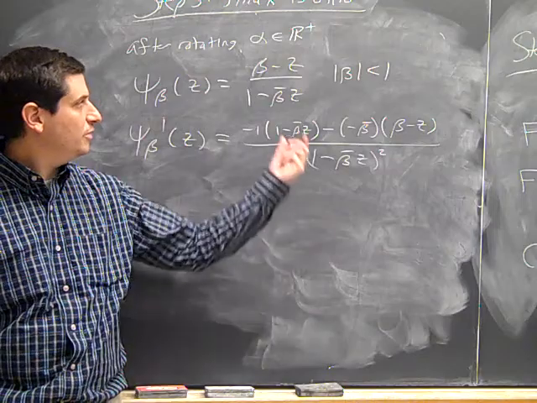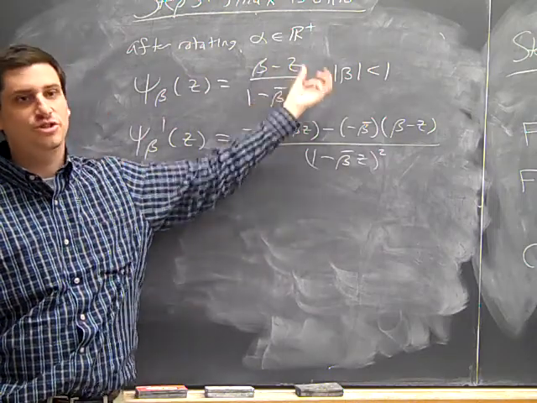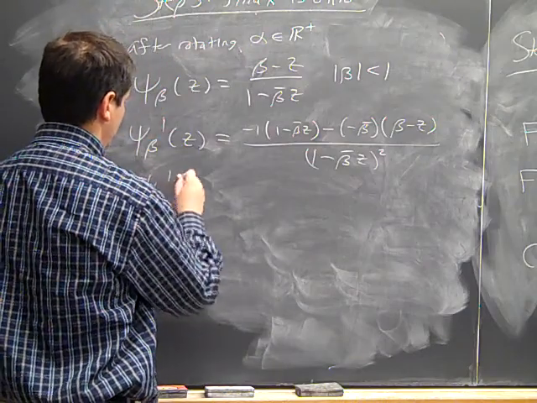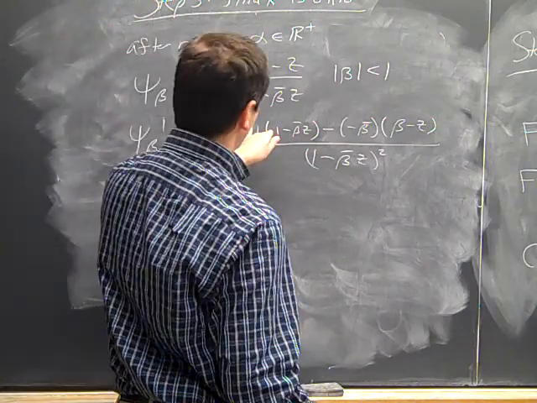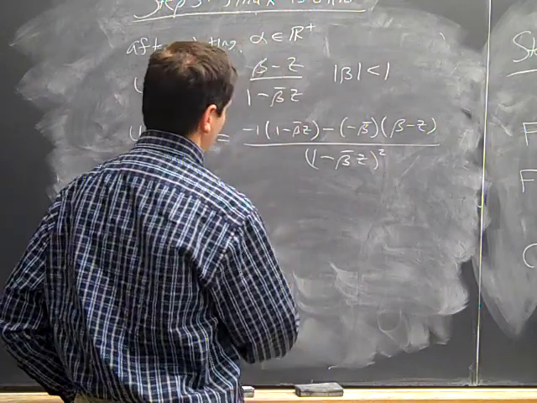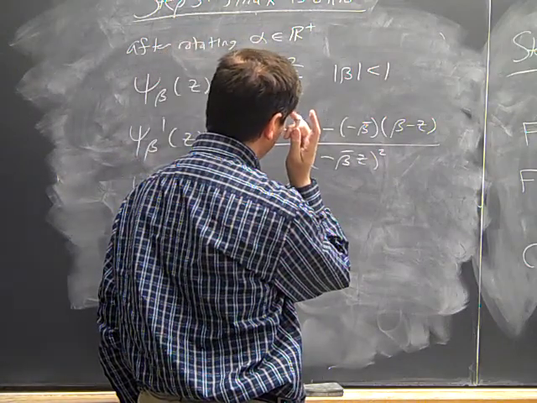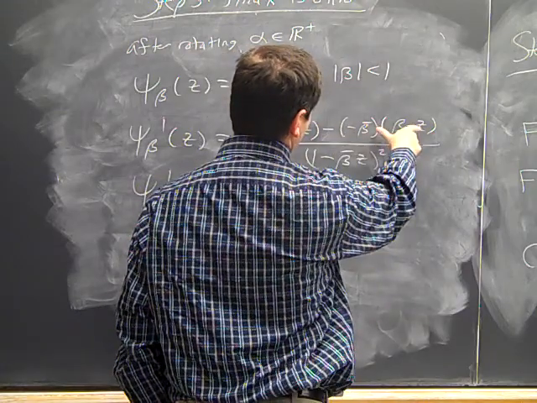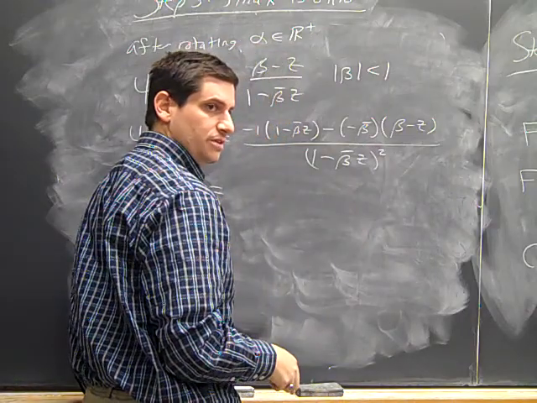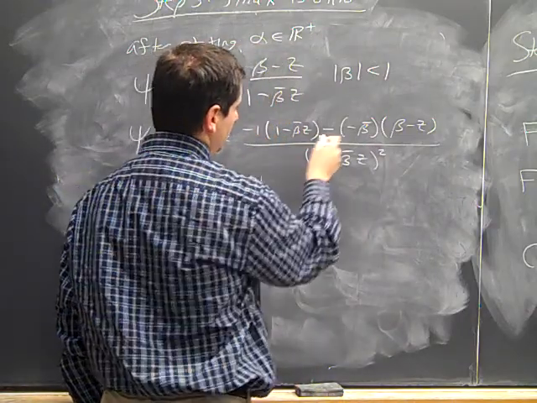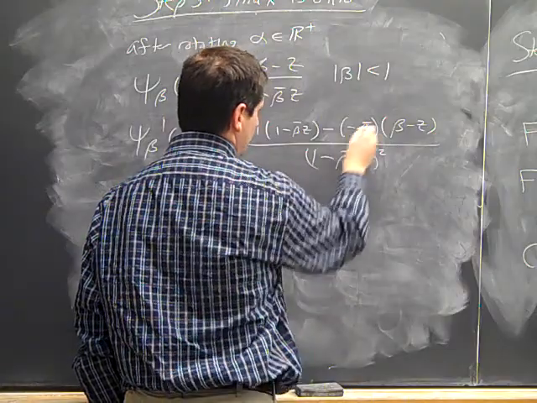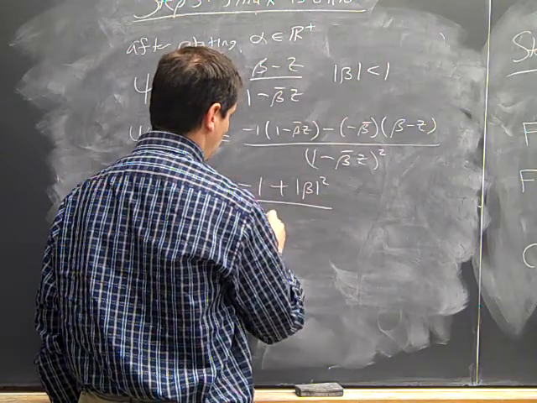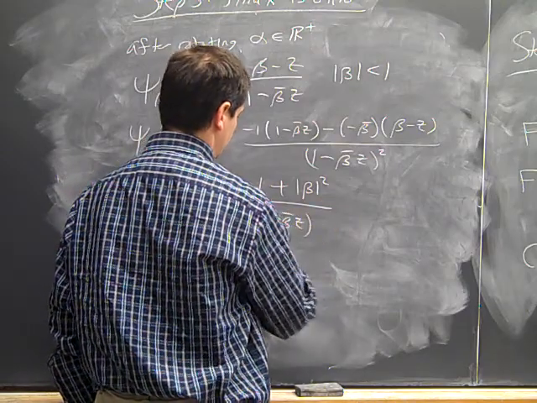If you only care about what happens at z equals 0, we could actually just expand the denominator using a geometric series. So we get C beta prime of z: we have a negative 1, we have a plus beta bar z, and we have a minus beta bar z, so they cancel. And so we get negative 1 plus beta bar times beta, that's the absolute value of beta squared, over 1 minus beta bar z squared.